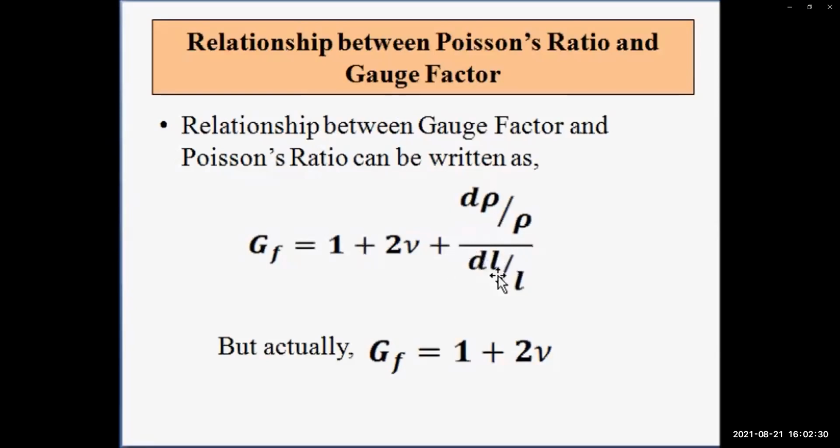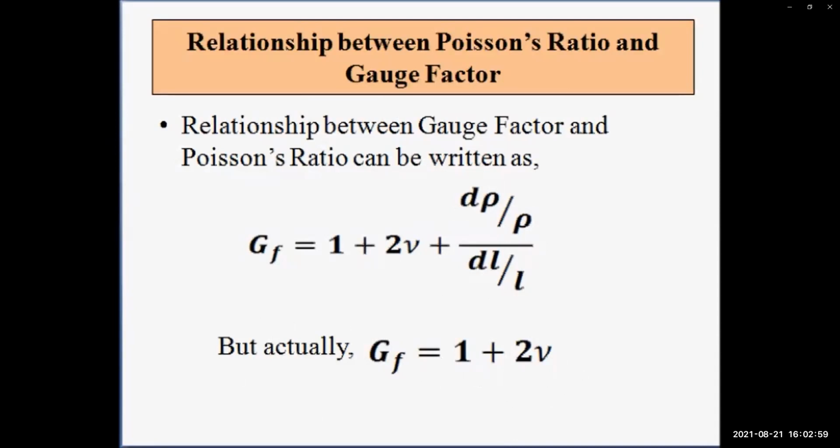As I said, the change in resistivity is generally ignored in case of strain gauge. It is not considered. So, you can just write down that gauge factor is equal to 1 plus 2 times the Poisson's ratio. This is the relationship between Poisson's ratio and gauge factor.